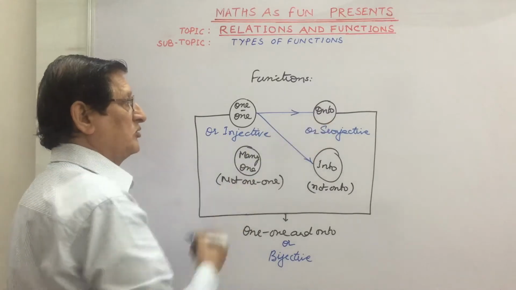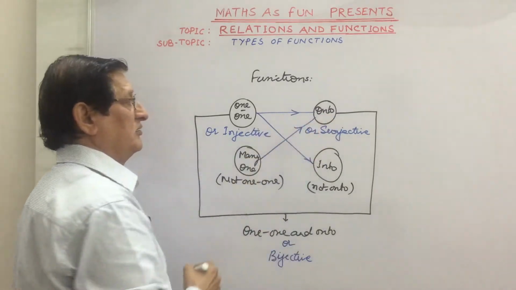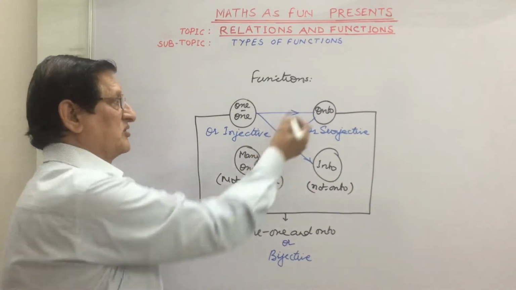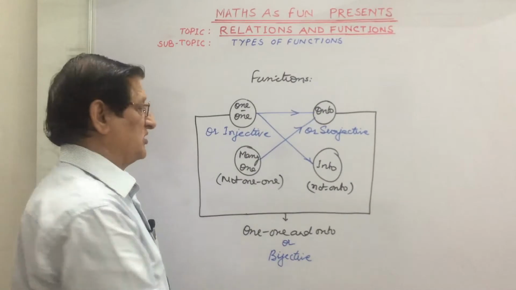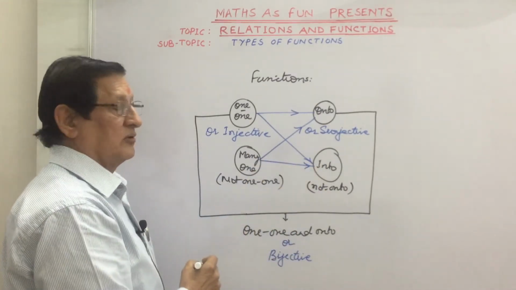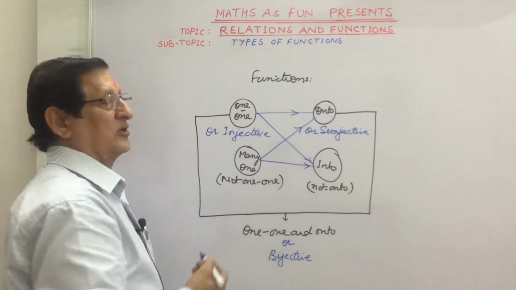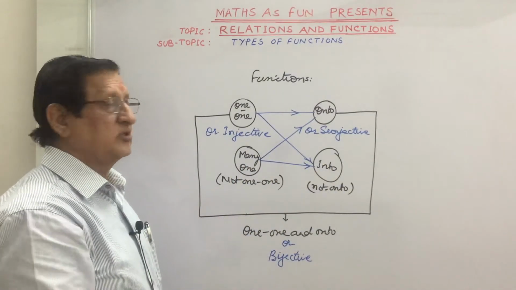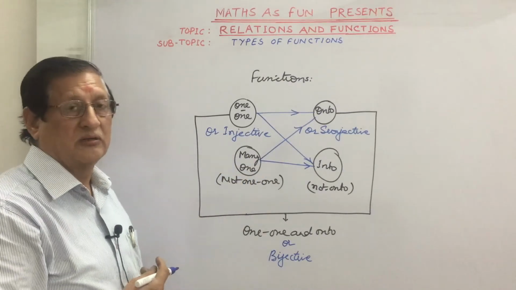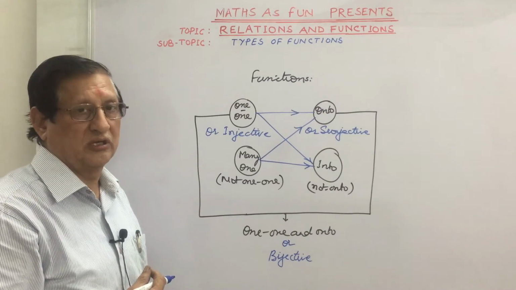But it may be onto. Then we say the function is many-one and onto. And if it is not onto also, we say the function is neither one-one nor onto, or we call it many-one and into function. So these are generally the types of function, and I think this diagram must make it very clear to you. And let's learn the functions now in detail.